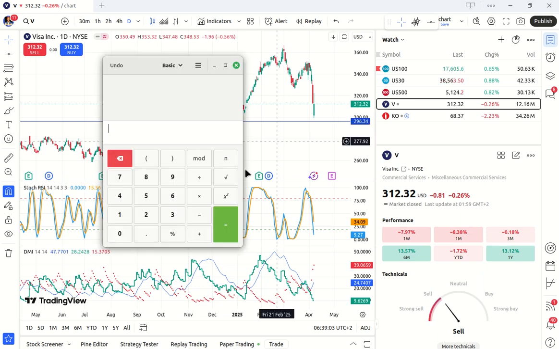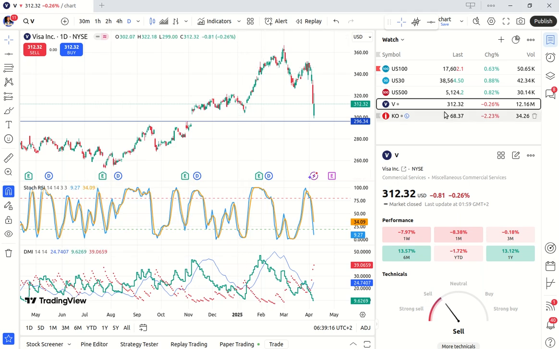We can give or take 10. But I would assume it's a 3%, honestly, because we're looking for that 3% difference. So I would buy Visa, Coca-Cola.